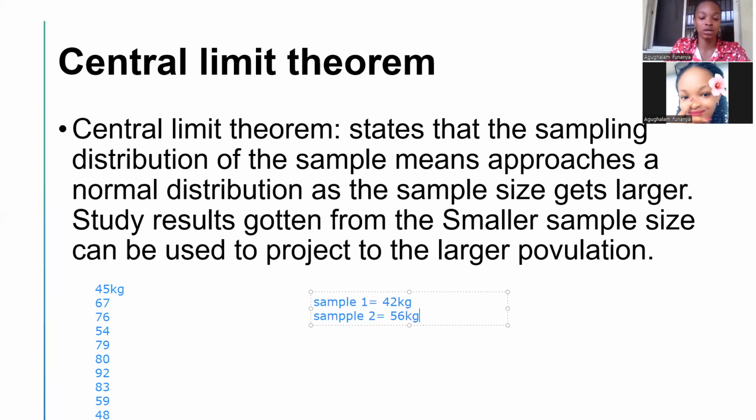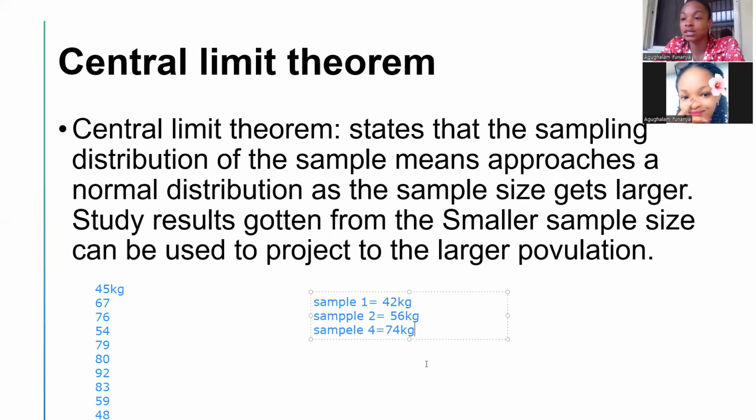You sample the third time, you get a mean of 74 kg. Now, when you plot these several samples on a graph, that's what it means that it approaches a normal distribution. Now, when you get the mean of these sample means, it is the population mean.